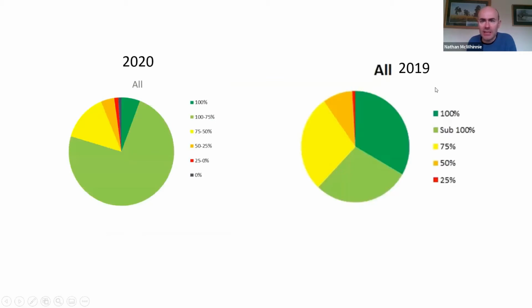And again, this is a 2020 and 2019 comparison, and vastly more trees have been affected. Again, I don't want to concentrate on this one because the methodology is slightly different. Hopefully, when we get our stats for 2021, we'll have a better comparator.